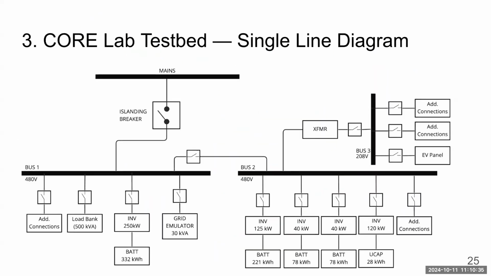And this is the lab test bed. That's more for those who like power engineering things, who measure waveforms and do islanding controls and so on. But this is a one-line diagram. So it's a bus, which means electrical connection. These are switches. And then you can put on different resources.